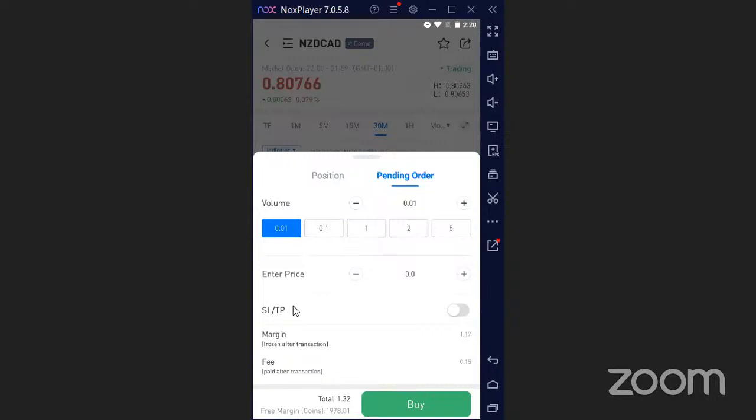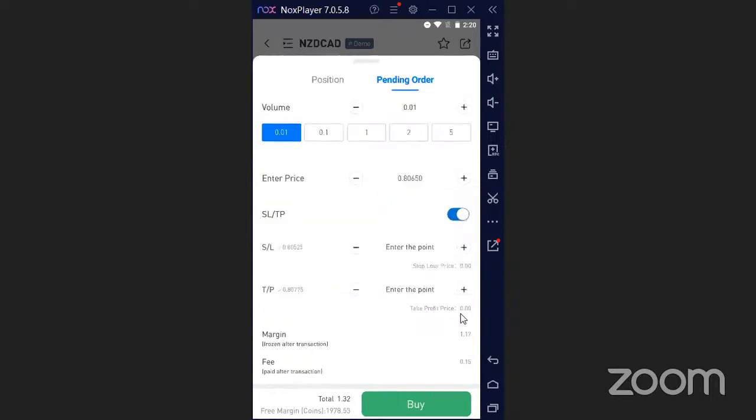On our position, we only have SL and TP, but here we have enter price. This is telling you to enter the price where you want your buy limit to get executed from. Let's say we have 0.80650 as our entry point. When the market gets back here, it's going to execute a buy trade for us.